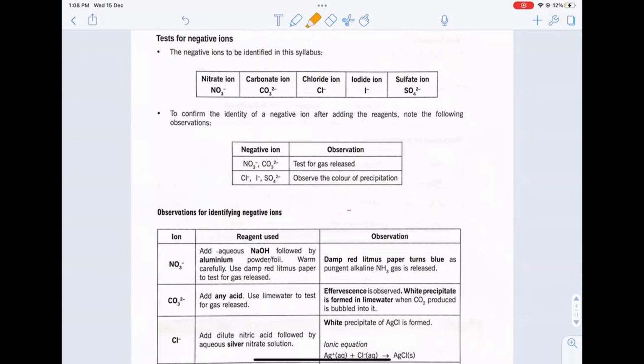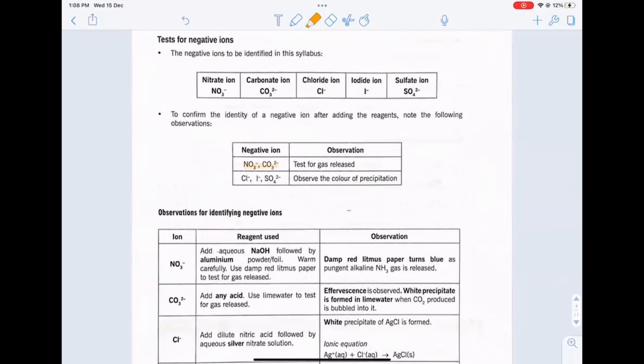So to confirm the identity of a negative ion after adding the reagents, note the following observations. For nitrate and carbonate, you test for the gas that's released. For chloride, iodide, sulfate SO4 2-, as well as bromide, you observe the color of the precipitate.